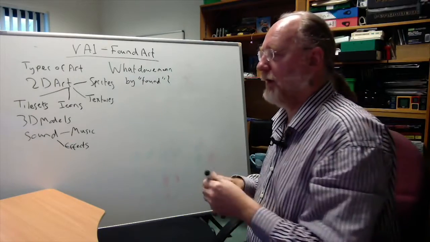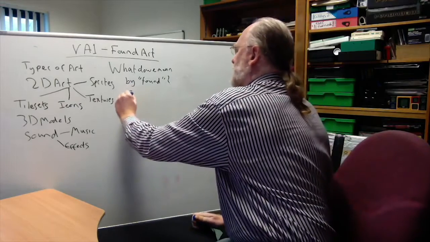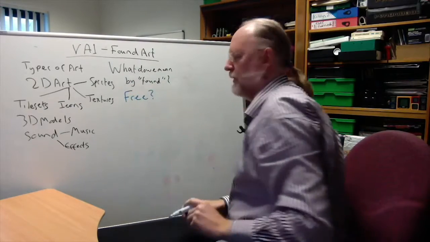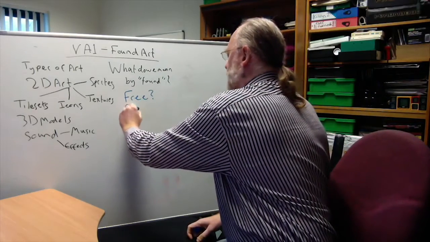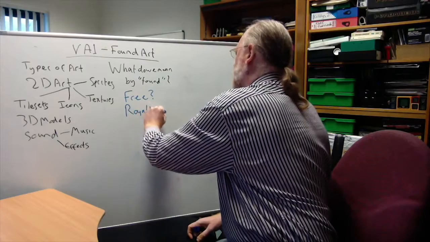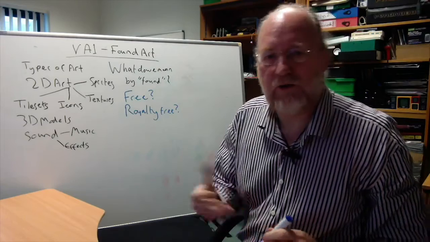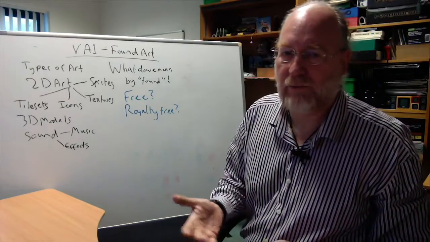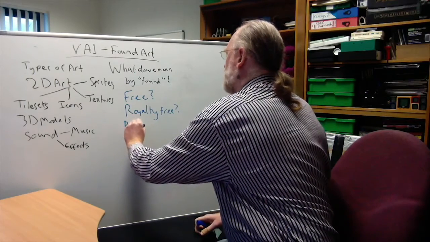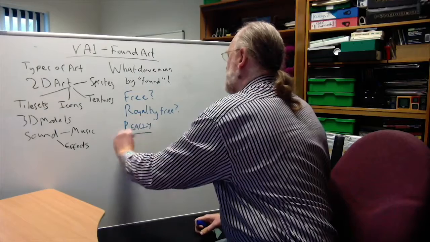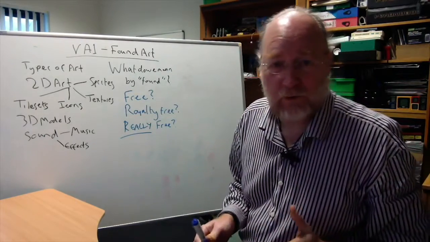And the question then is, what do we mean by free? Do we mean royalty free? So by that I mean the ability to use it commercially or non-commercially without paying any kind of license fee. Or do we mean really free, as in we don't have to pay anything at all?